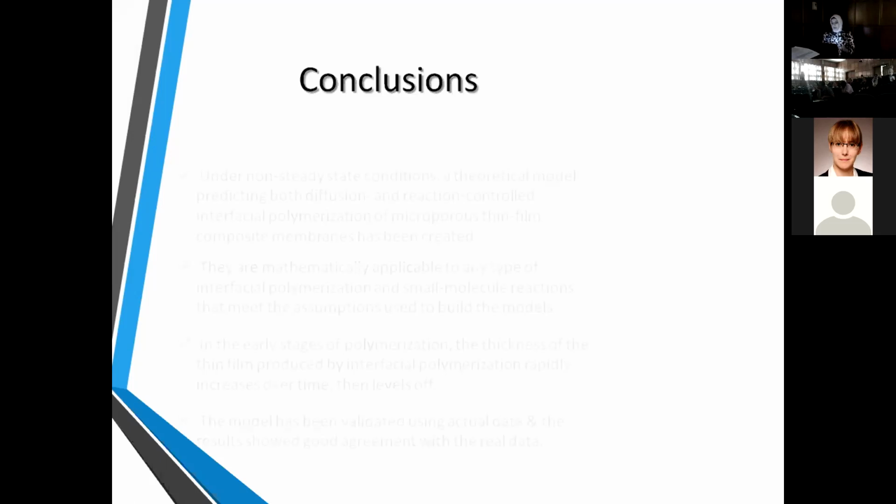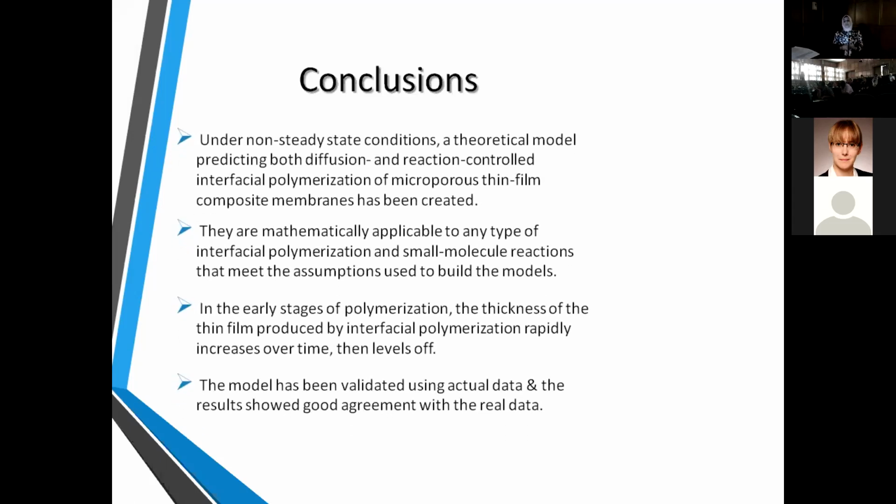So, conclusion: we conclude that under non-steady state conditions, the theoretical model predicting both diffusion and reaction controlled interfacial polymerization thin film composite membrane has been created, and is mathematically applicable to any type of interfacial polymerization.